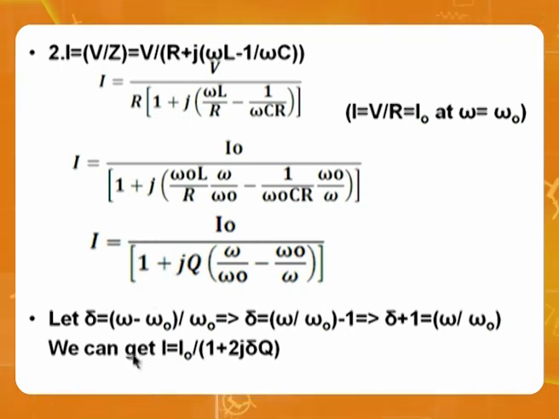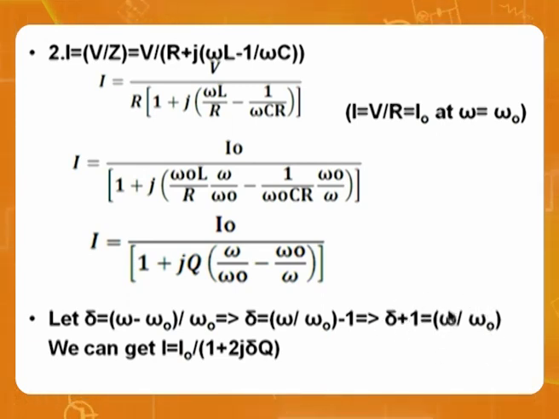Now let us define one small fraction. The small fraction means delta, omega minus omega naught by omega naught. That means if you subtract this very small quantity by omega naught, omega by omega naught minus 1. If you bring this one here, delta plus 1 is omega by omega naught.